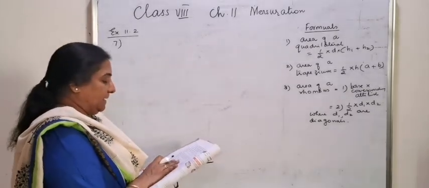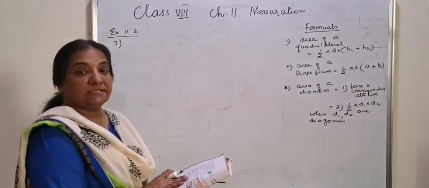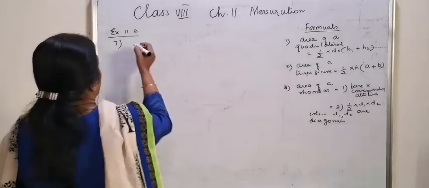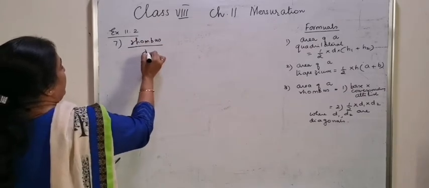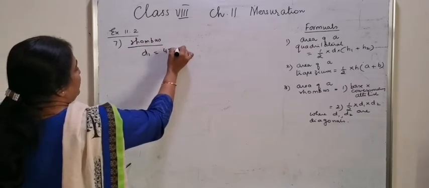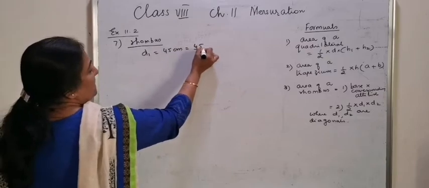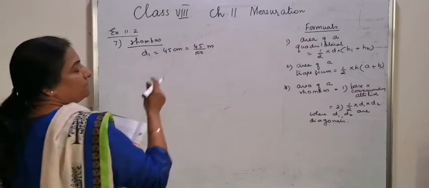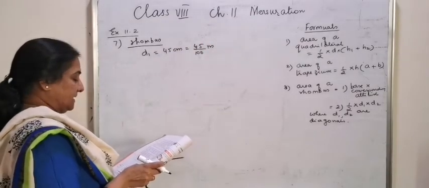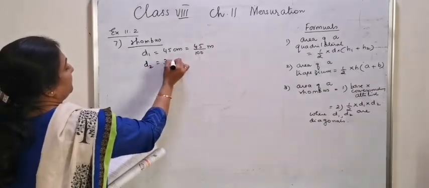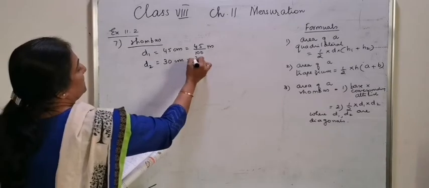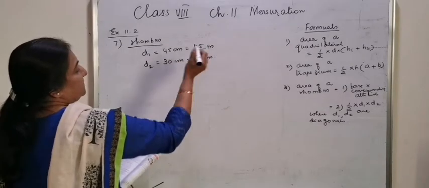The floor of a building consists of 3000 tiles. The tiles are rhombus shaped. The first diagonal length is 45 centimeter, which is the same as 45 by 100 meter. The second diagonal is of length 30 centimeter, which is equal to 30 by 100 meter.